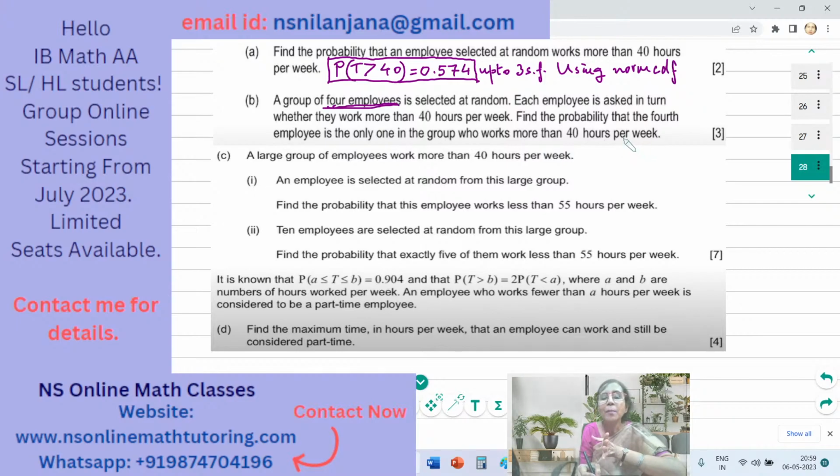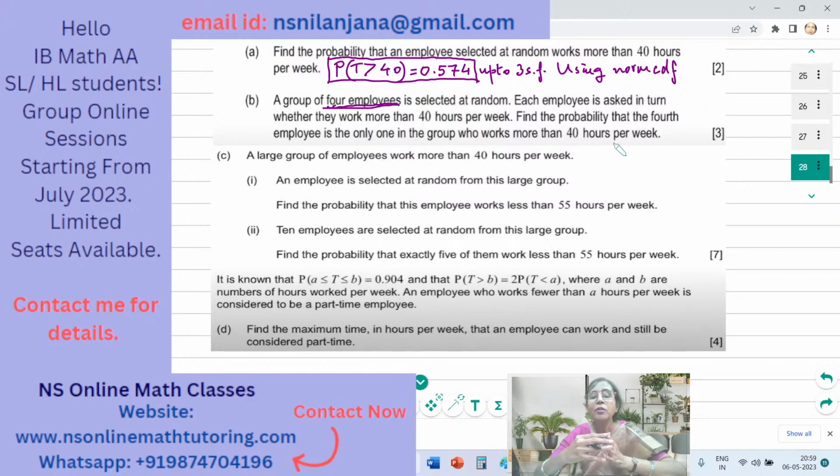That means the first 3 employees work less than 40 hours per week, because for continuous variables, it doesn't have any meaning to say that a particular employee works exactly 40 hours, because time is a continuous variable.